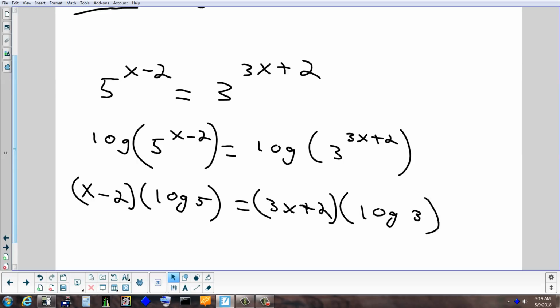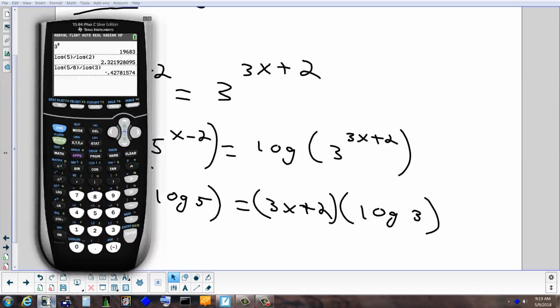Now, the only thing that's going to look confusing here is the fact we're going to have the word log written a bunch of times. Remember, log of 5 is just a number. I'm not going to write this down, but the log of 5 is roughly 0.7.